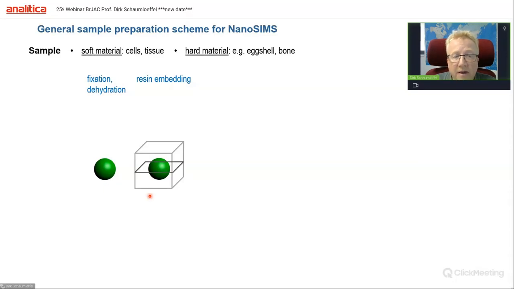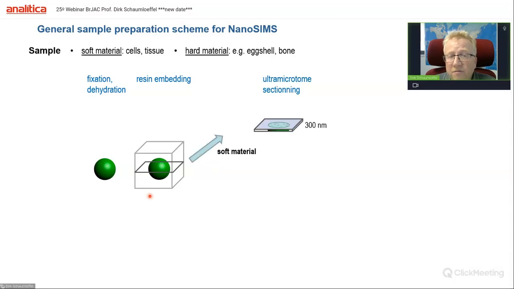Then the sample can be cut in the middle. And then, depending on whether it's a soft material like cells or tissue, we do an ultra microtome sectioning. We're doing very, very thin slices of 300 nanometers. And then we deposit it on a silicon wafer, which is 5 by 5 millimeters, which fits well to our sample holder.